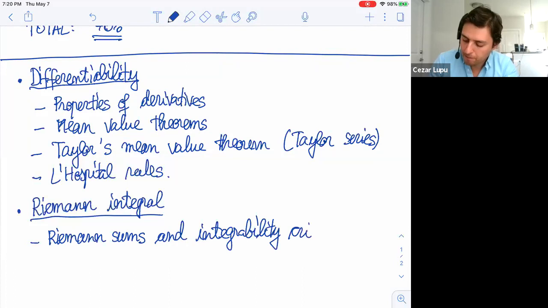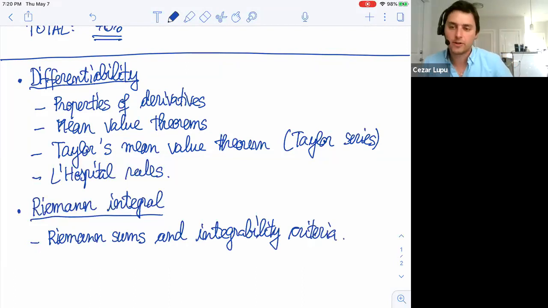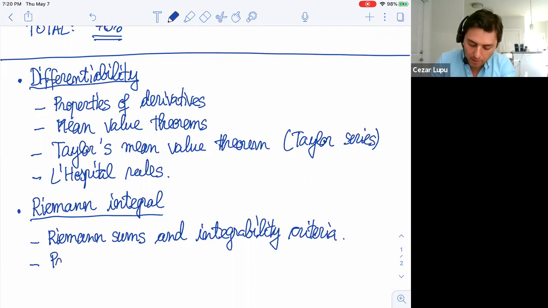So we've seen when a function is Riemann integrable. We've seen the definition. We also have seen the Darboux criteria with the lower Darboux sum and upper Darboux sum, and we have seen that if they are very close to each other, then the function is Riemann integrable. Then we've seen also properties of the integral.